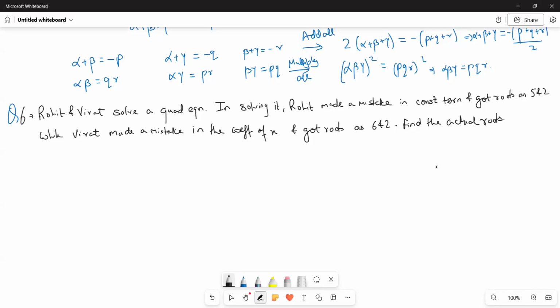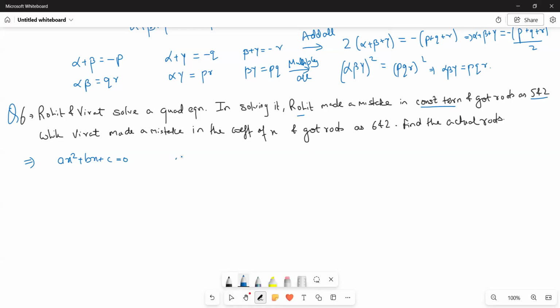Sir, 4 and 3. Okay. So let's try solving this. So if we assume that the original quadratic is ax square plus bx plus c equal to 0. Now considering that Rohit made a mistake in the constant term and got the roots as 5 and 2.